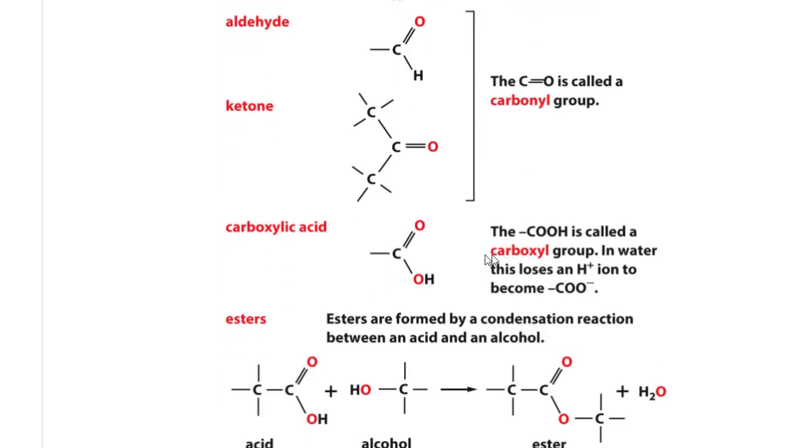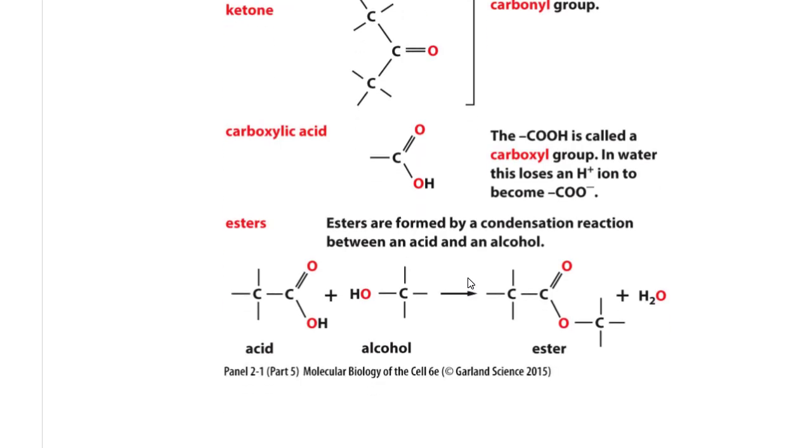The carboxylic acid group is going to be this thing right here, a carbon double bonded to an oxygen and single bonded to another oxygen. And at pH 7, a carboxylic acid group is going to have a negative charge on it. So here's our carboxylic acid group.